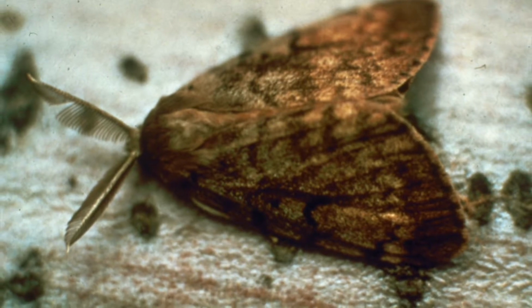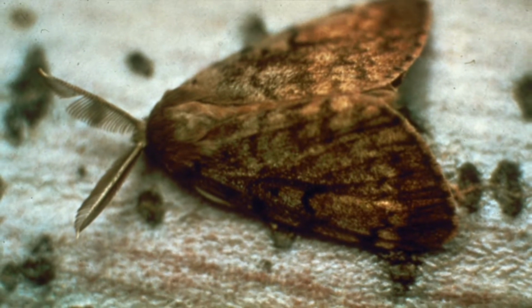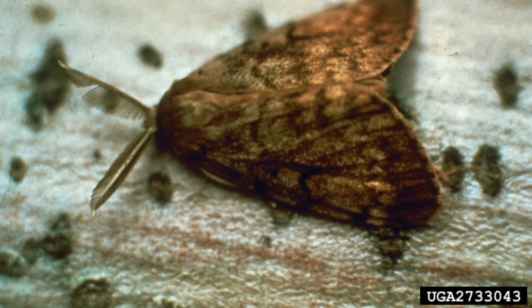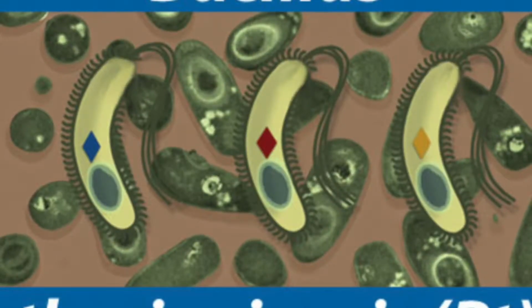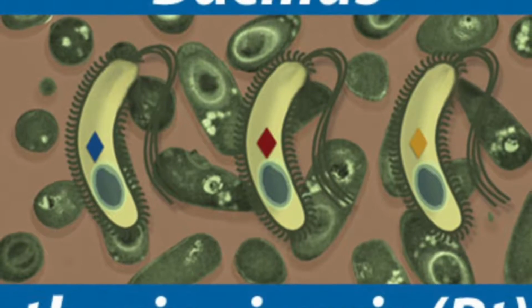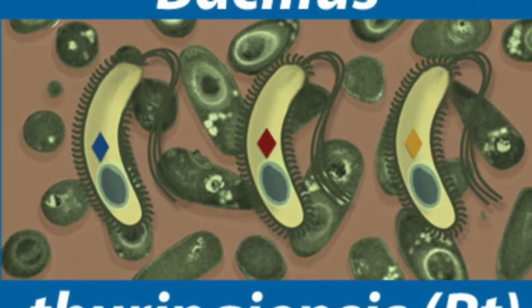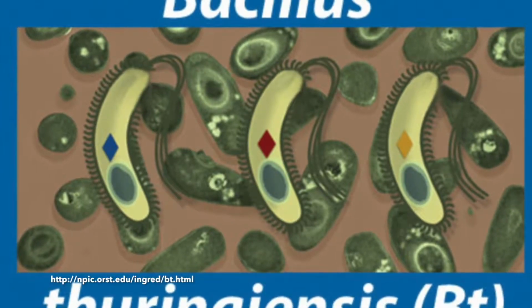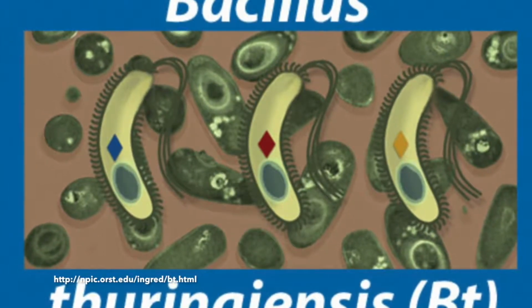When population densities are high, the safest and most effective tool for preventing widespread defoliation is aerial applications of an insecticide derived from the naturally occurring bacterium Bacillus thuringiensis, commonly known as BT.